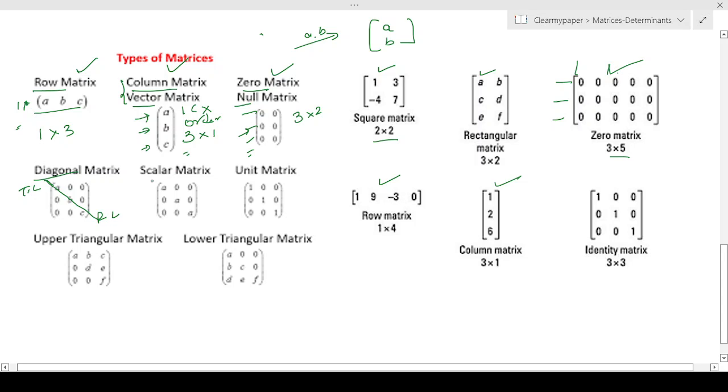Okay. Scalar matrix, we already spoke about that in the previous two videos. Whenever you use this kind of matrix, which is a special case of a diagonal matrix, the diagonal elements are not 0 and are the same. In the earlier case it was A, B, C, but in this case it's A and A, and the rest of the data elements are 0.